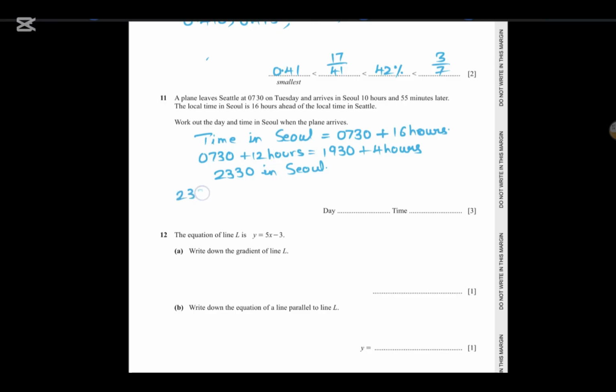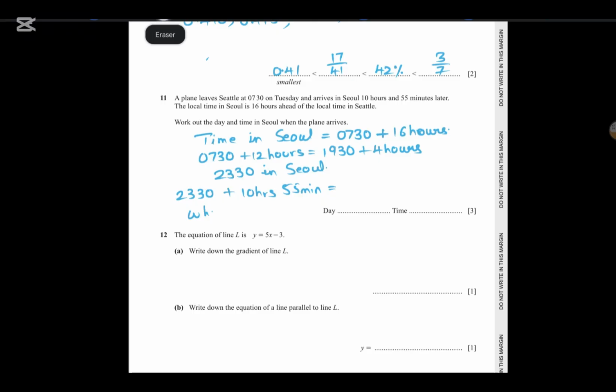So 23:30 plus the 10 hours 55 minutes journey. So 23:30, 1 hour is 24:30. That will be 00:30 at midnight. The day has changed. Now Wednesday started.